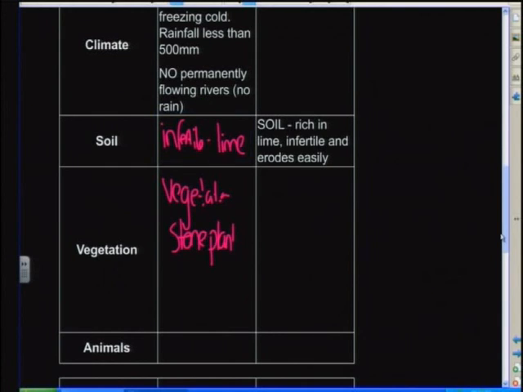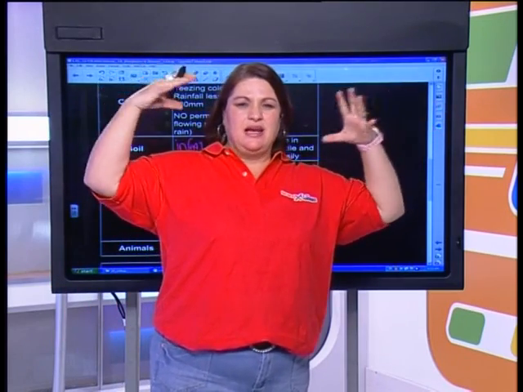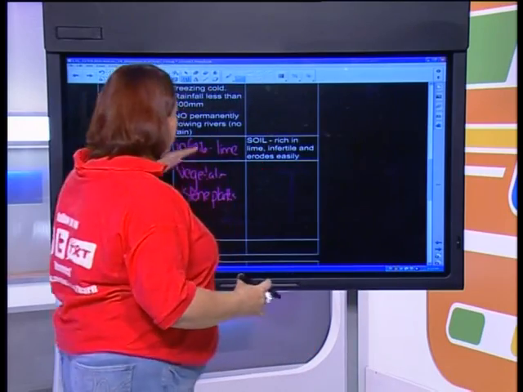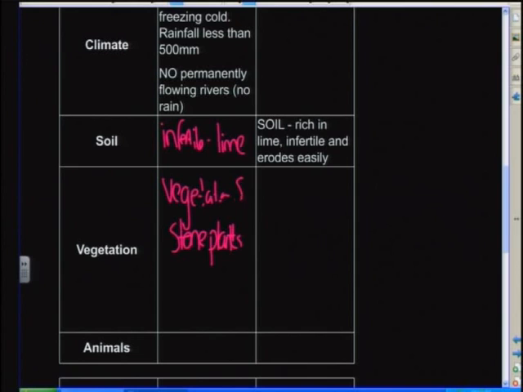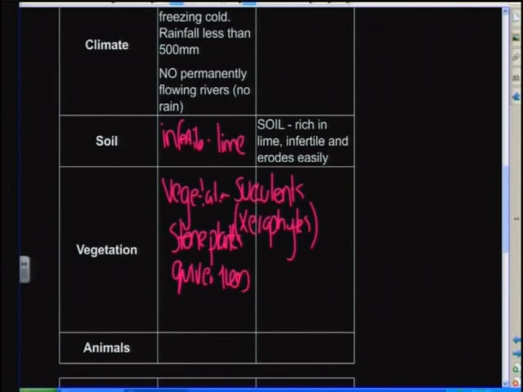So you're not going to have huge, big, luscious green plants. Both for the succulent Karoo and for the Nama Karoo, we're going to have succulents. Remember what succulents are? Fleshy leaves. They're xerophytes, plants that are adapted to grow in areas where there's very little water. Stone plants, quiver trees.